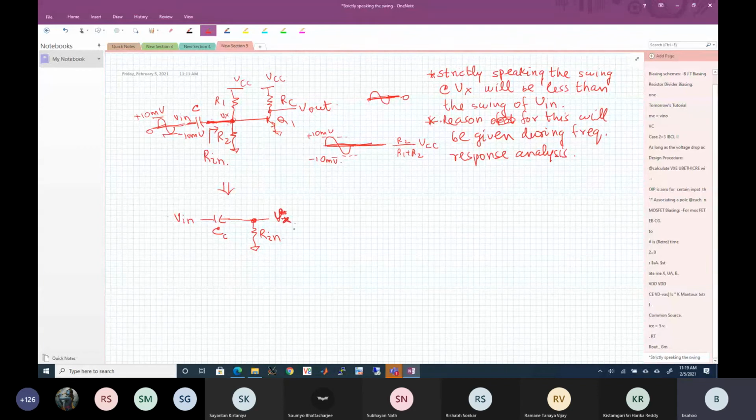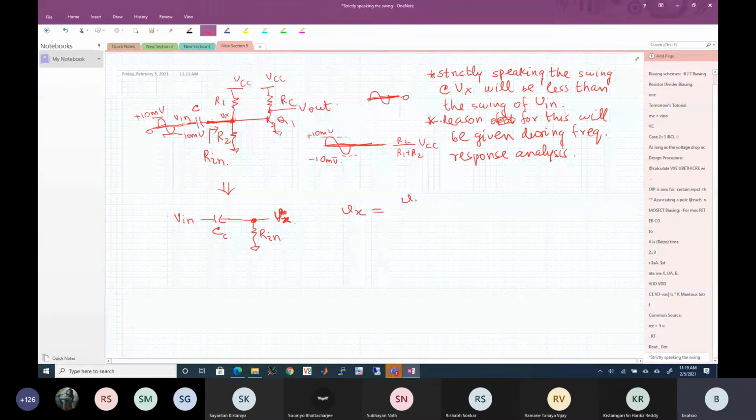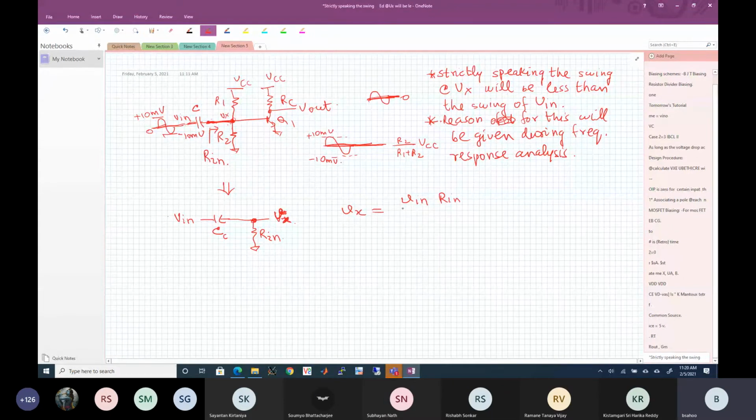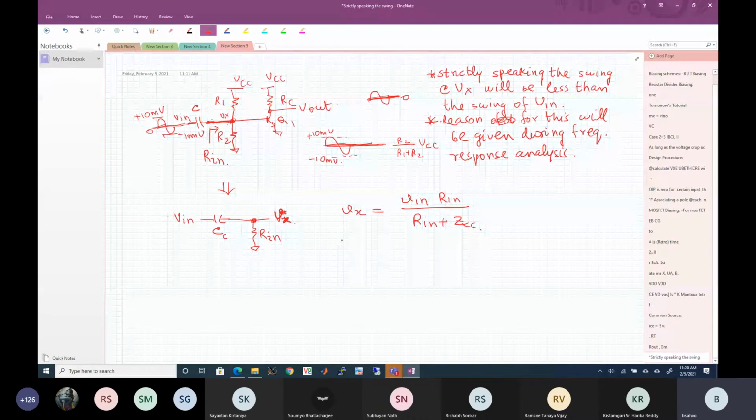So what is Vx? It is equal to Vin times Rin divided by Rin plus ZCC. What is Rin here? Rin will be R1 parallel R2 parallel the input resistance looking into the base.